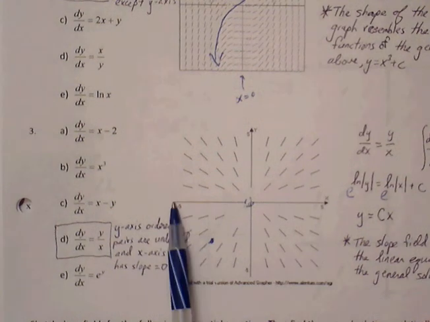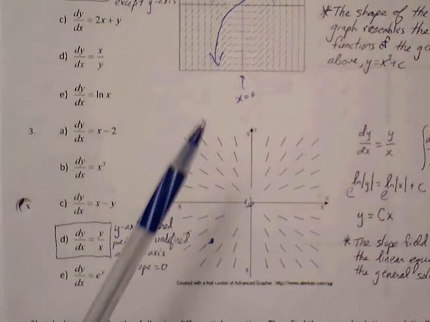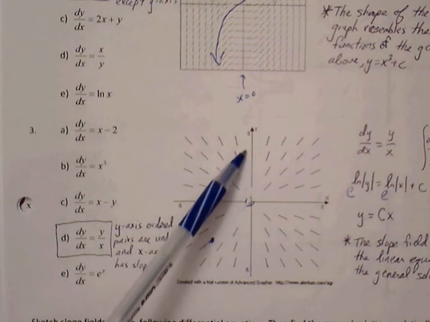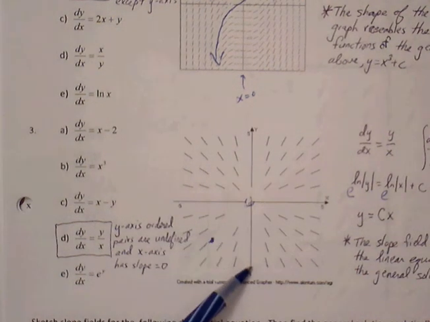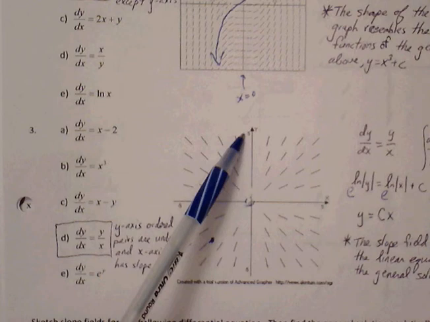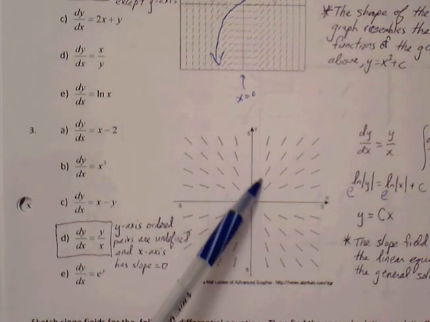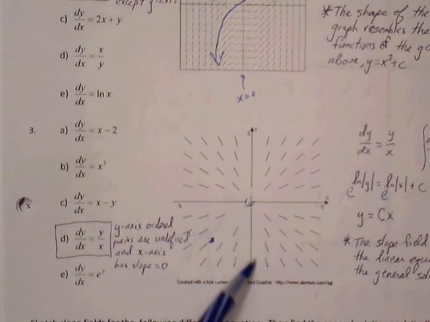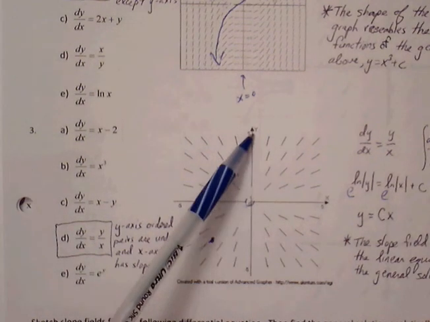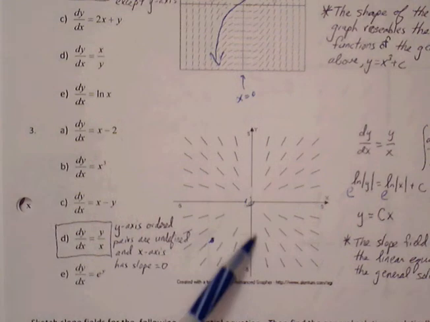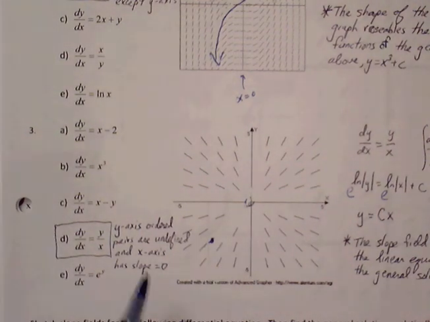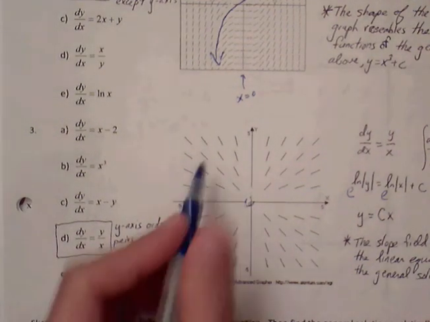However, on the y-axis, we know there's definitely not anything here because we can't have vertical lines that represent slope, because then that would be undefined. So we know this means that there must be an equation where the slope is undefined on the y-axis. So basically, we're looking for where x is equal to 0, where there is an x in the denominator.